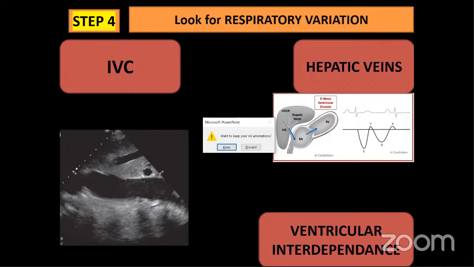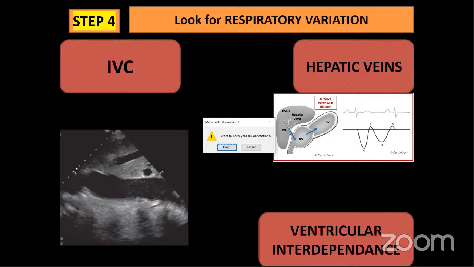Just to wind up, I'll tell Sami and the PG students here that, on a higher note, there are two things to get yourself familiarized with. One is ventricular interdependence, and the phasic variation in the hepatic veins. Just like VEXUS, which is coming new into the system to guide fluids by looking at the renal parameters, the liver parameters and all that.